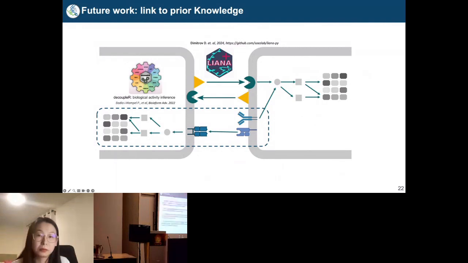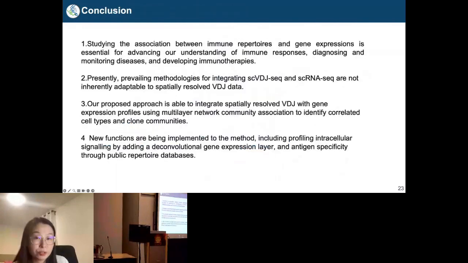In conclusion, understanding how BCR, TCR, and gene expression interact is important to improve our knowledge of immune response, disease diagnosis, and therapy development. Current methods for integrating single-cell VDJ and transcriptomics are not well suited for spatial VDJ data.